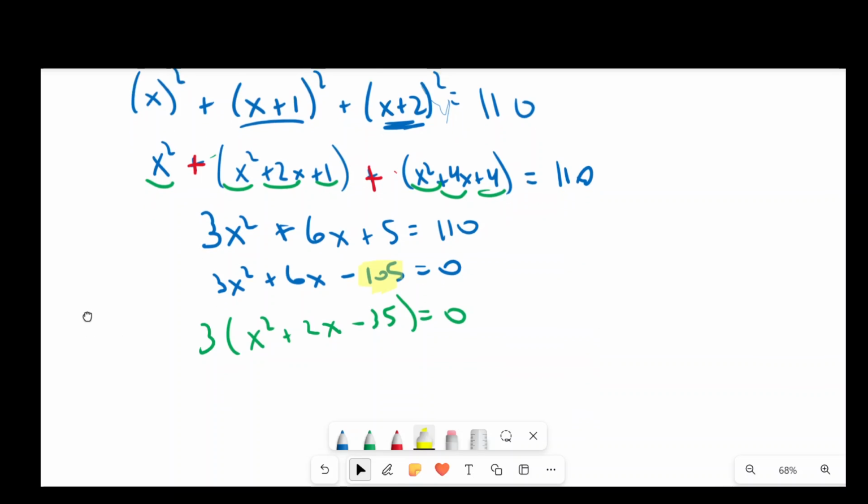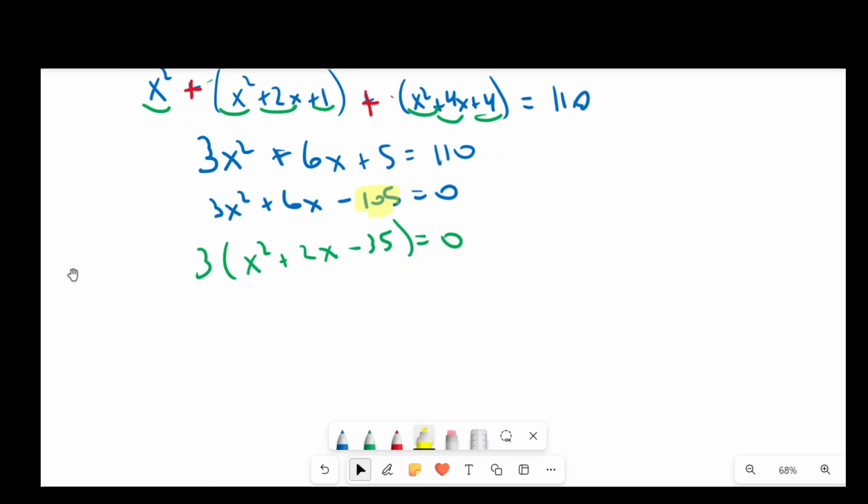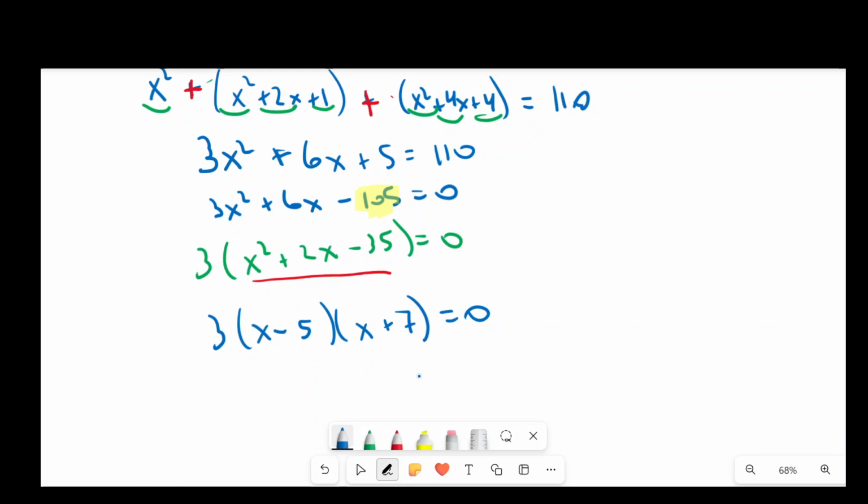So I factored out the 3, and what I'm left with in the bracket is a lovely simple trinomial. So hopefully I can find two numbers that multiply to -35 and add to +2. So -5 and +7. And now that it's factored, I can apply the zero principle and actually solve for x.